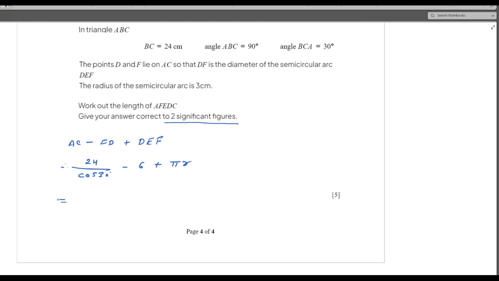So this total length comes out to be 31.13. As I have to write in two significant figures, I will say 31, and its unit will be centimeter. So your final answer is 31 centimeter.